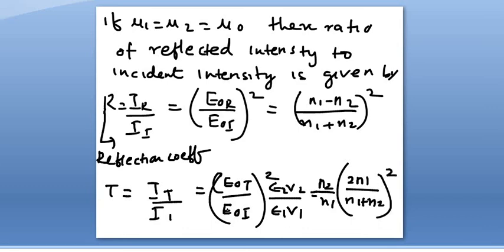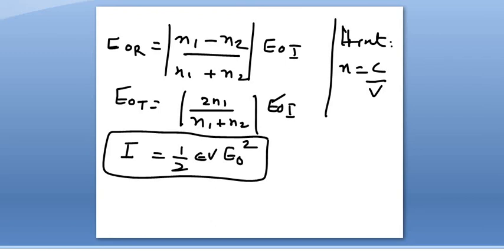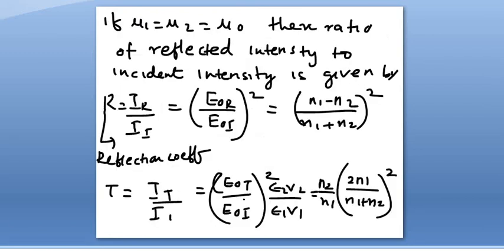It's not a big deal, just substitute, and you see in this expression we are having epsilon 1 and epsilon 2, so they will cancel each other, and you will get this expression, because V2 by V1. We can easily make the analysis.